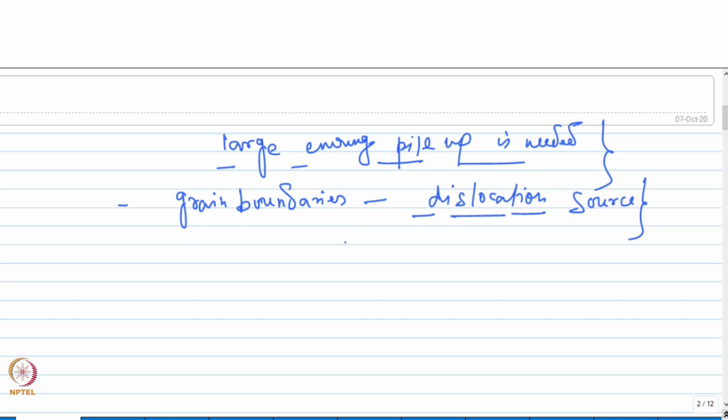And the other issue with this model or this theory is the fact that for the pile up to occur, the dislocation movement also has to be limited or restricted. And we have seen that the stacking fault energy will play a role in that. If the stacking fault energy is low, then you can expect the dislocation movement to be restricted.